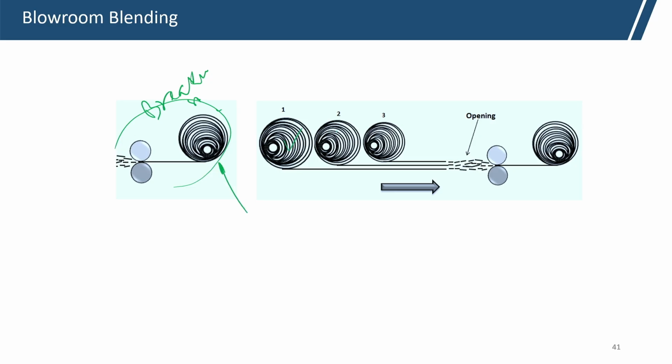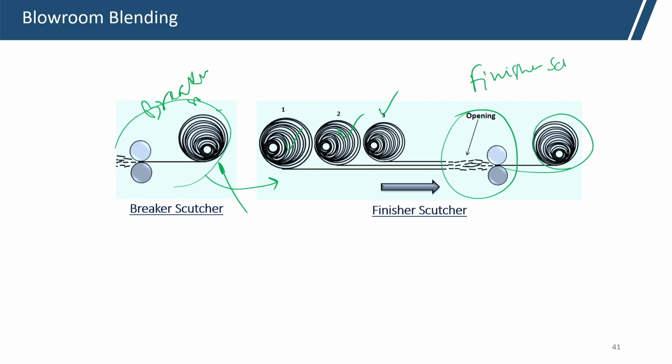Now, these 3 laps from the breaker scutcher come to the finisher scutcher, where opening takes place, and after that again a scutcher lap is formed, which is the final blended lap. This is the breaker scutcher, and this is the finisher scutcher.